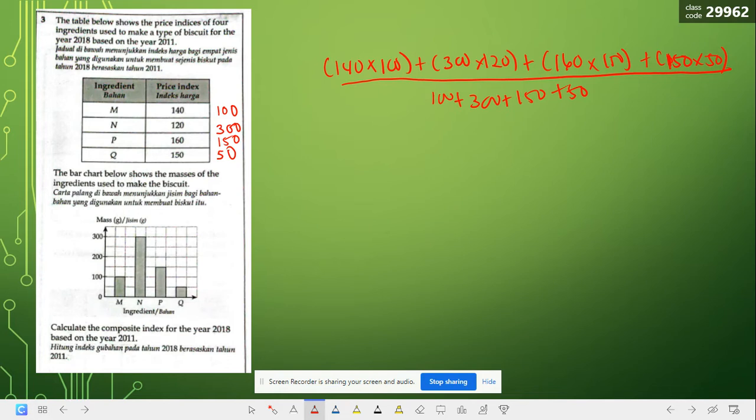I check again. 300 times 120, 140, 150, 160. Okay, then last one is 150 times 150. So divide by 600. Maybe I calculate it wrong. Come up error.